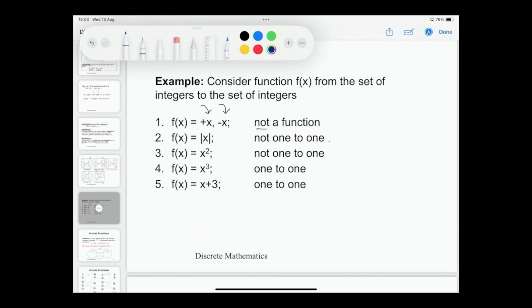If f(-5) is equal to 5, and equal to f(5) as well, then x could be minus 5 or positive 5, so this is not a one-to-one function.